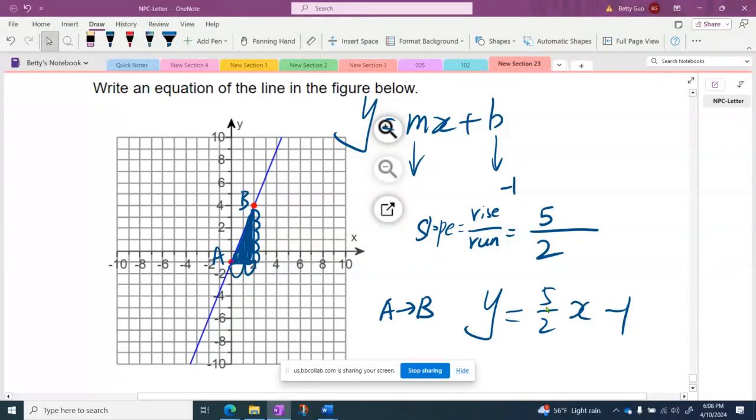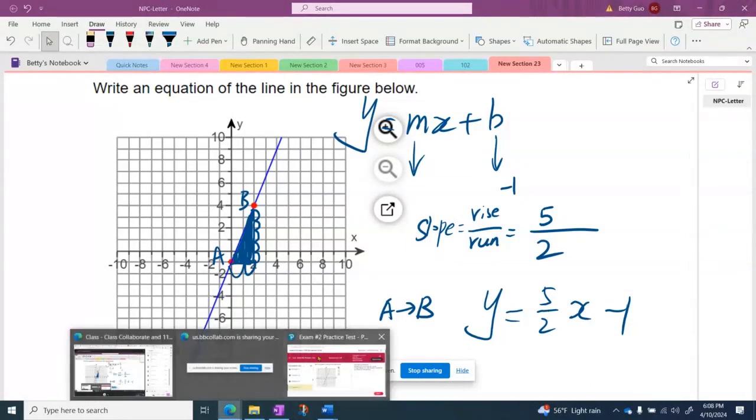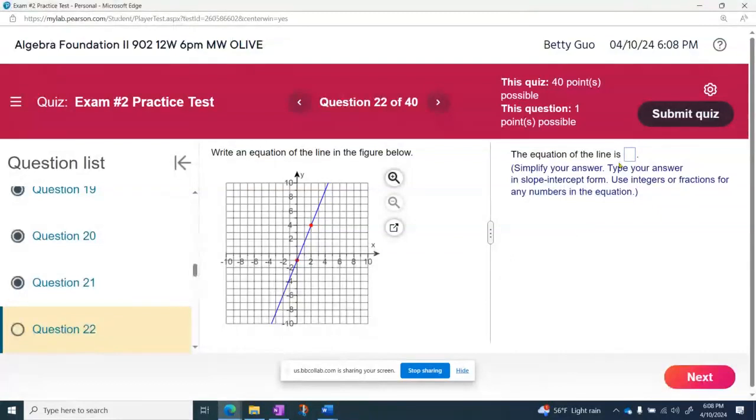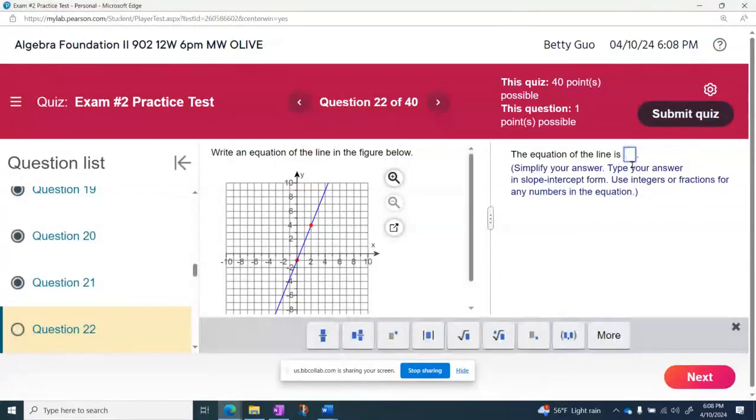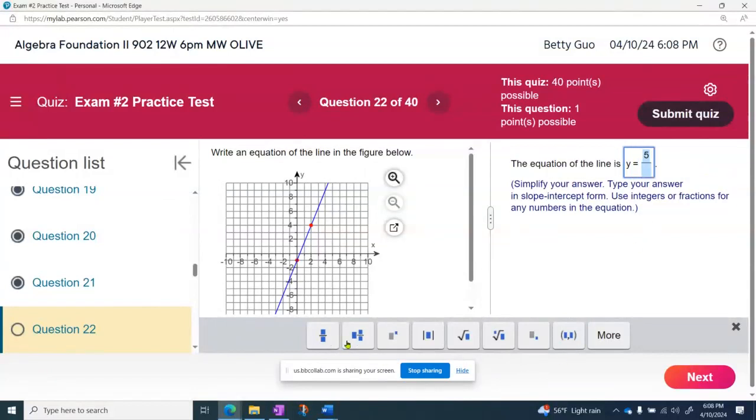Keep it as a simplified fraction. Let me type the answer here. y equals 5/2 x minus 1.